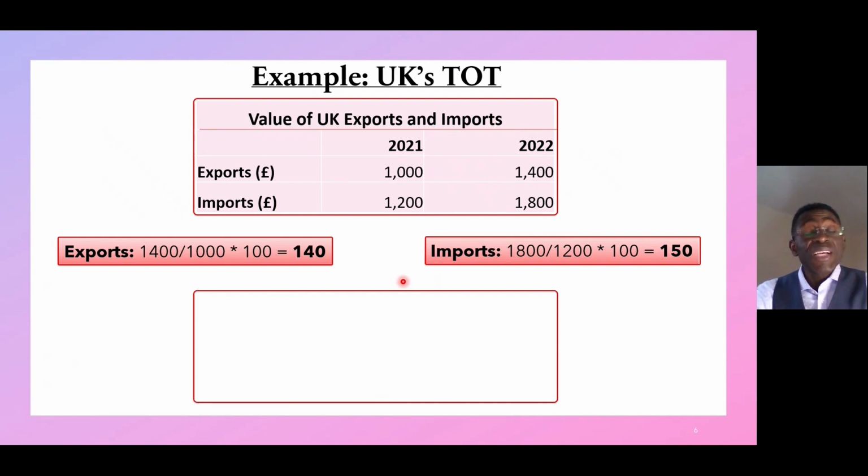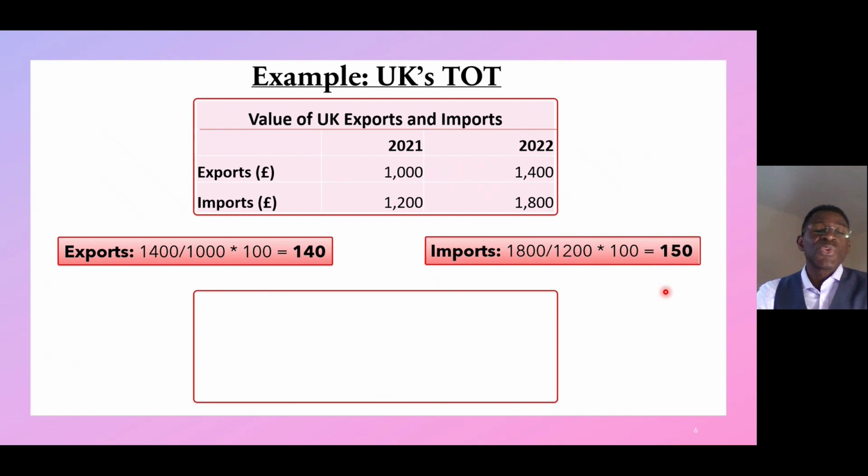And the price index for imports would be the value of imports, 1,800, divided by the value of imports in 2021, which is the base year, 1,400, multiplied by 100, and you get 129.